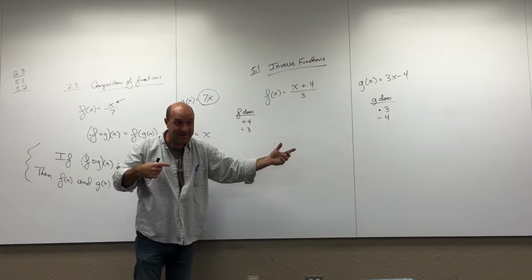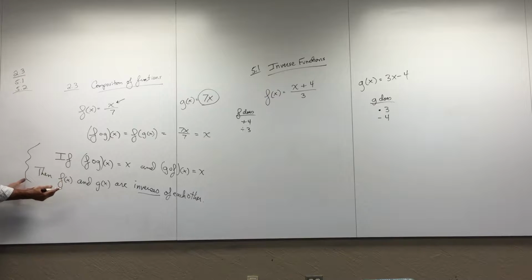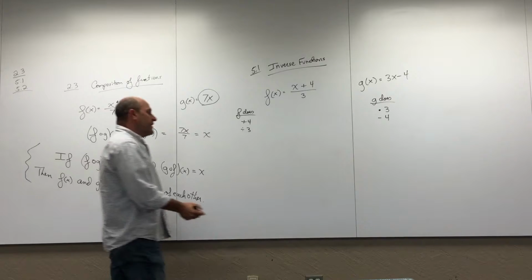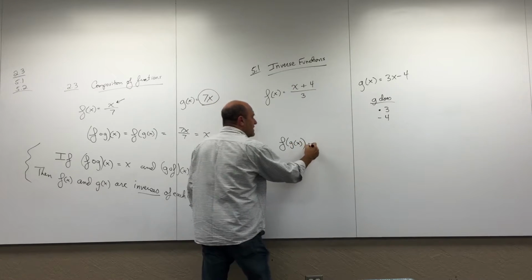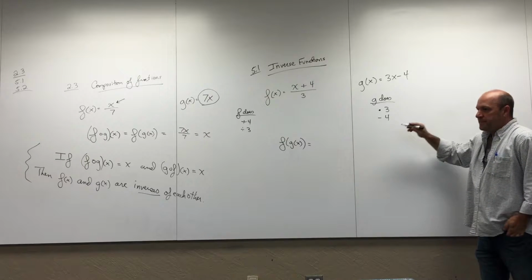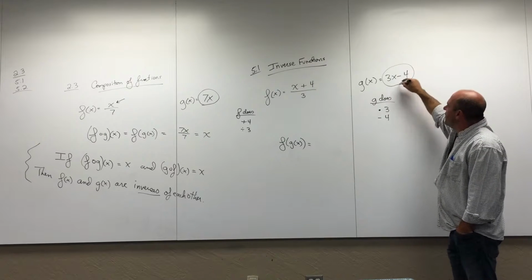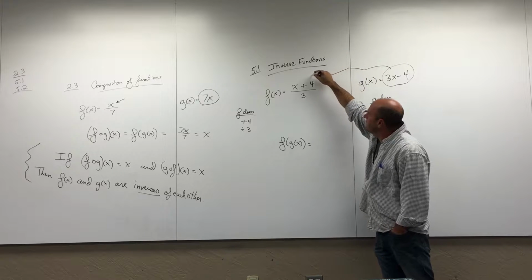But a few minutes ago, I had this little test. Let's run through this test. I want to try f of g of x. What does that mean? Grab the g function and stick it into f. Where am I sticking it?